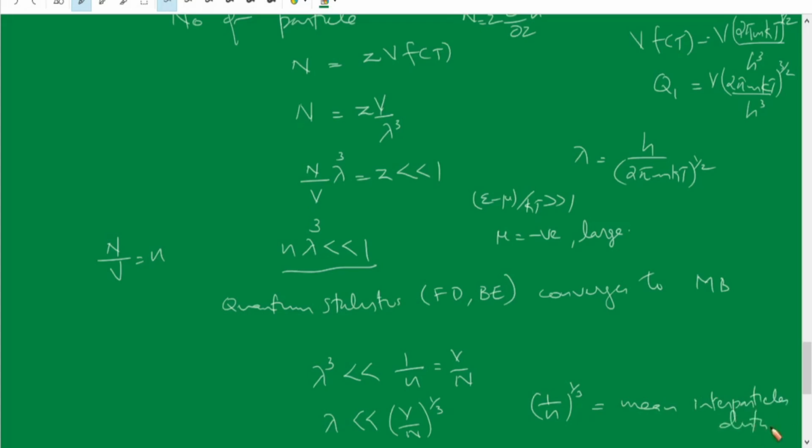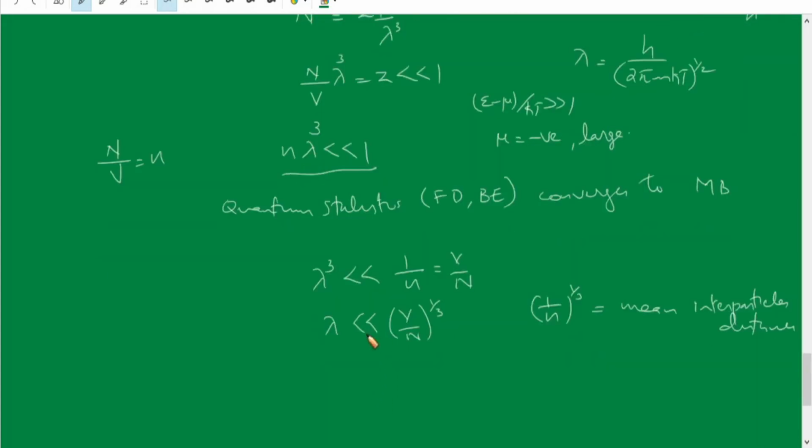In other words, if lambda, the mean thermal de Broglie wavelength, is very much less than the mean interparticle distance, the distinction between quantum statistics and classical statistics disappears.